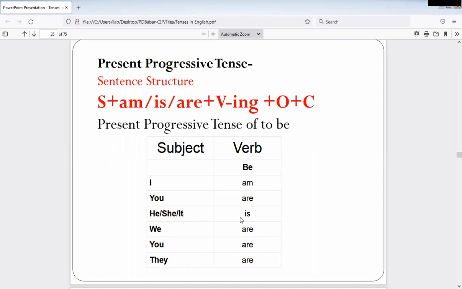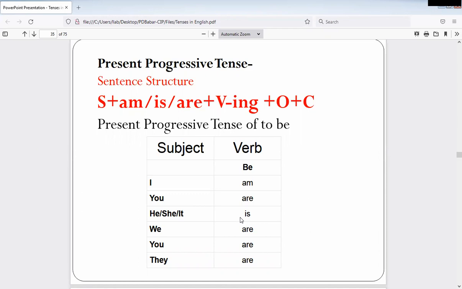Okay, we are. We are producing or we are going to Pune this week. Then you are. After you we are using are. Okay, you are. Then the subject they, after the subject they we are using they are.